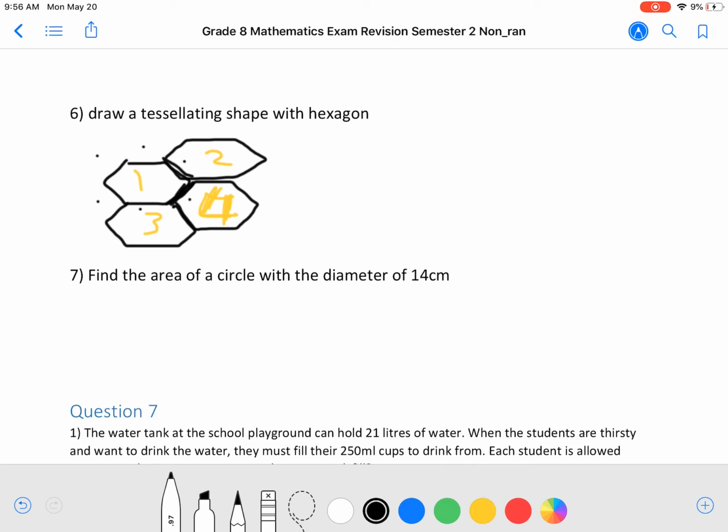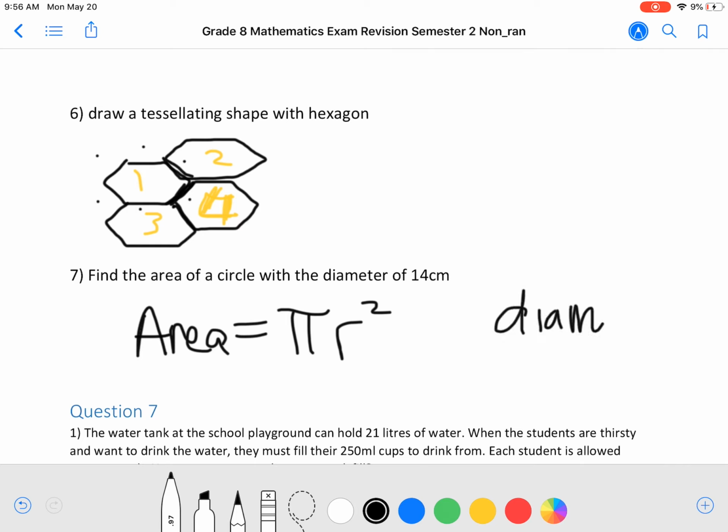Find the area of a circle with a diameter of 14 centimeters. The formula for the area of a circle is pi r squared. So we have diameter equals 14.